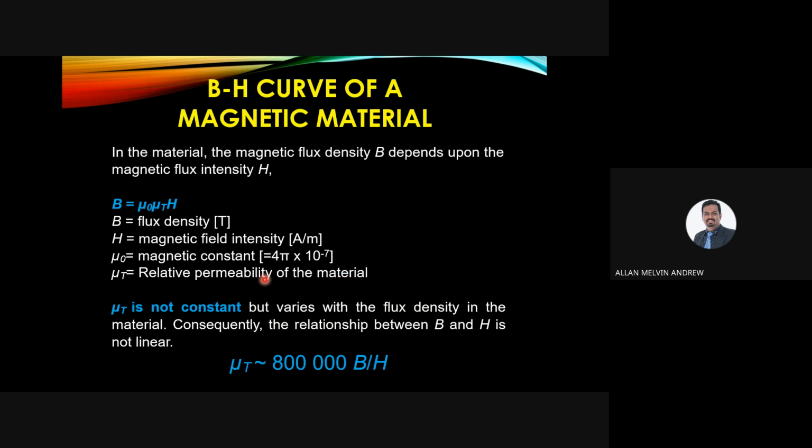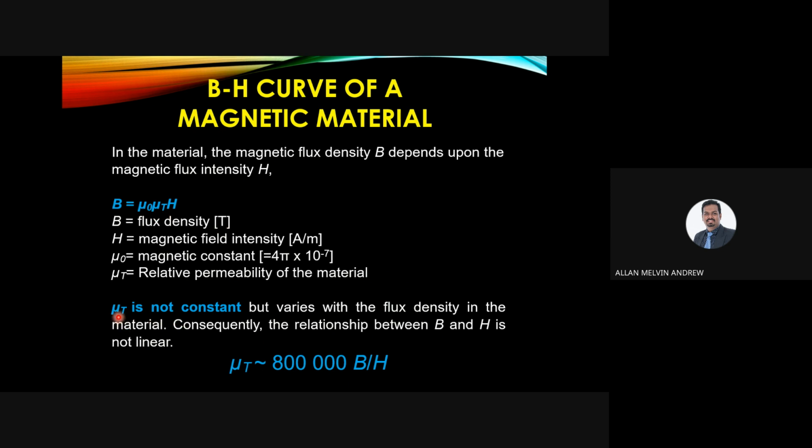Each material has its own relative permeability, so it depends on the question. If the question mentions that we are using a certain material, we need to get the value of the relative permeability, which needs to be included in the calculation.